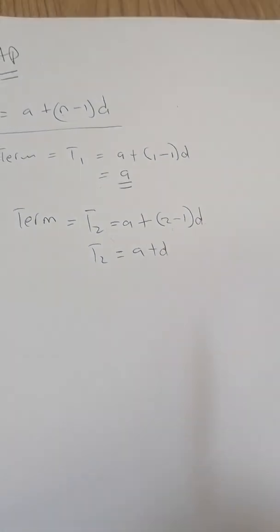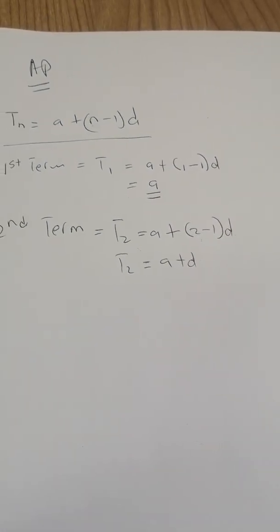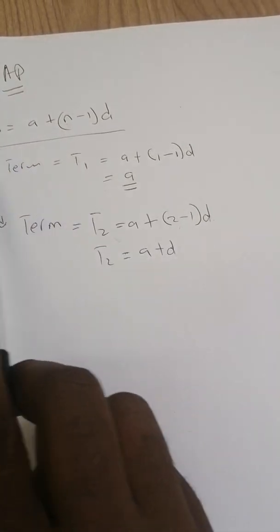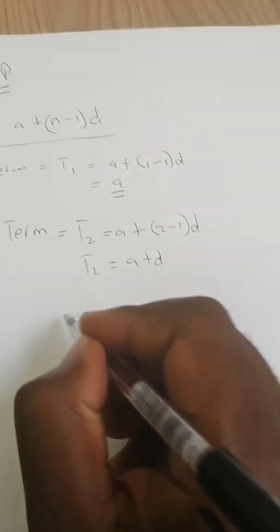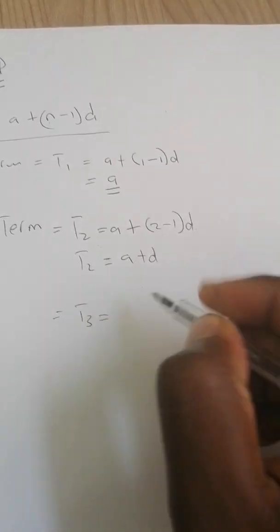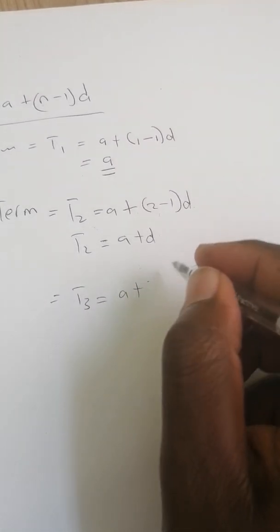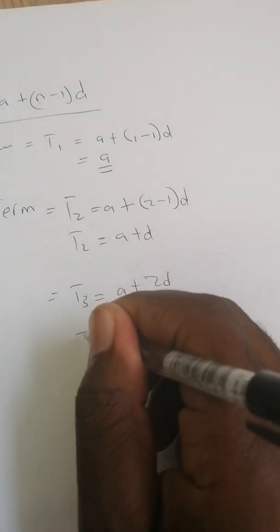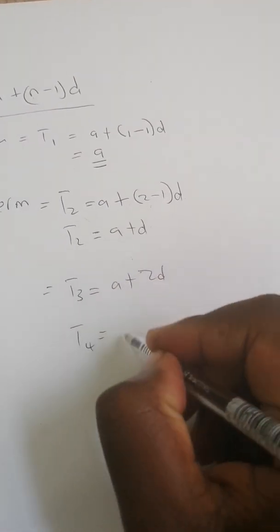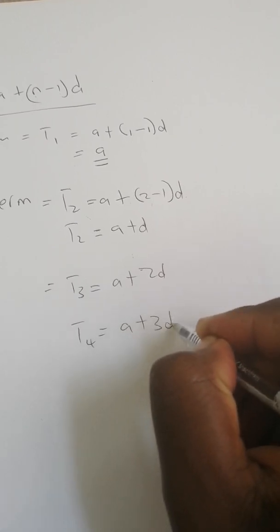If you follow the pattern, T3 is equal to a plus 2d. T4 is equal to a plus 3d.